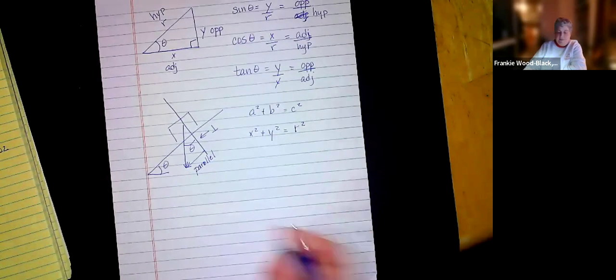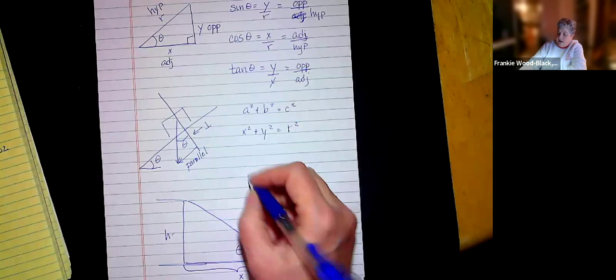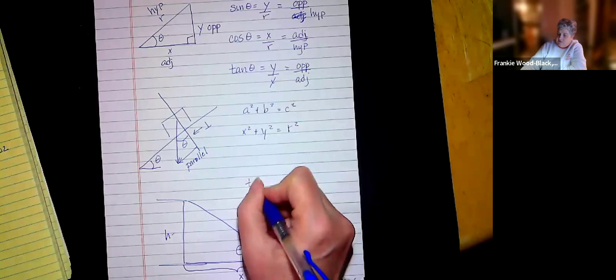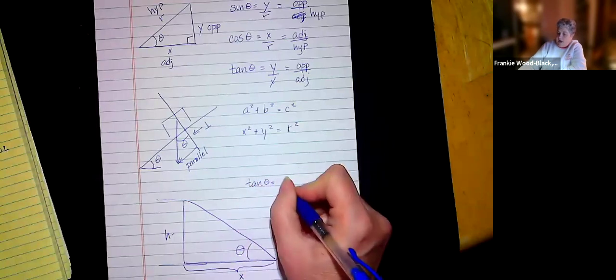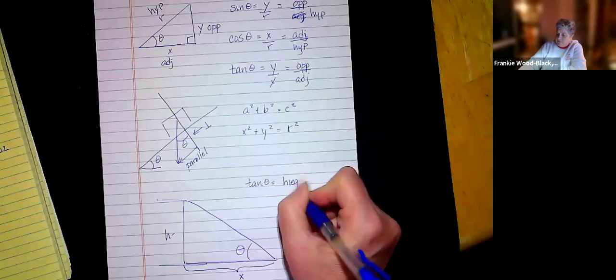But why is this important? Well, one of your homework problems is to find the height of a building. I know how far away from the building I am, and I can measure this angle a variety of ways. I can use a protractor, I can use my phone. If we know that side, the height, then the tangent of the angle is going to equal the opposite, which is the height I'm looking for, divided by the distance away.